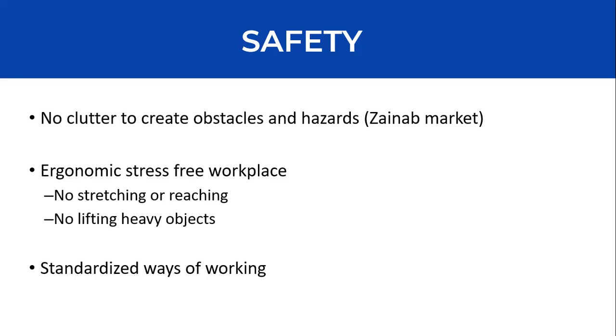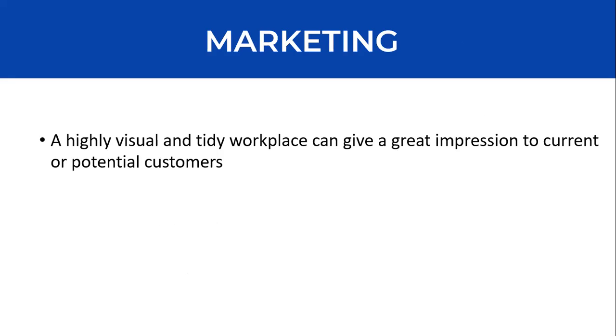Similarly, any kind of problem or danger is highlighted in a big way. If somebody has to wear gloves for a process, even that will come up as a reminder. So this is also a very big element or benefit of 5S.